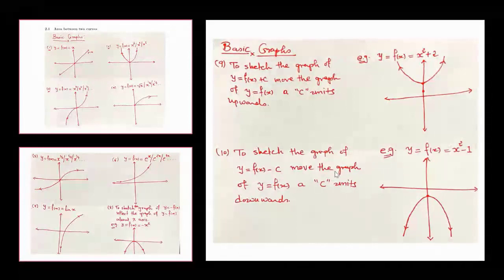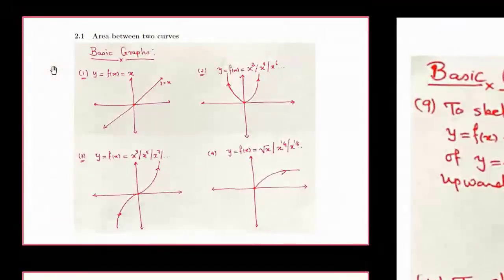So these are the basic graphs. I'm just going to try to zoom in. Hopefully that works. We're looking at the very left top picture. You just have the y equals x graph, then a simple parabola, then an x cubed graph, and then a square root graph.